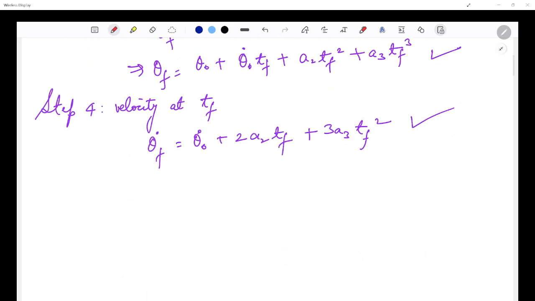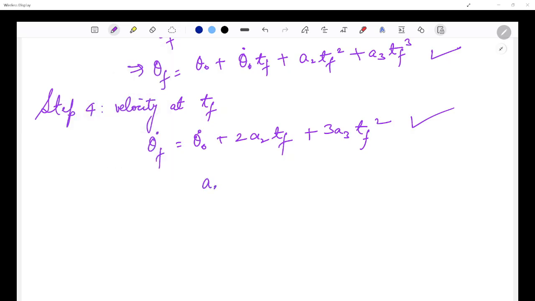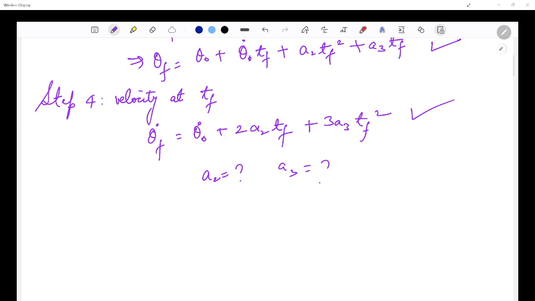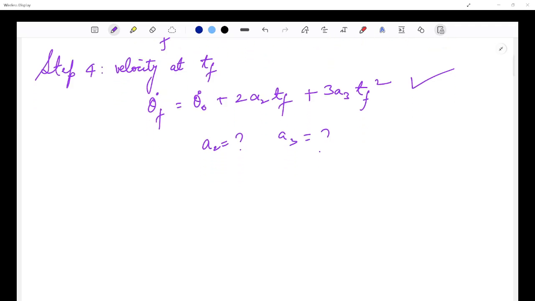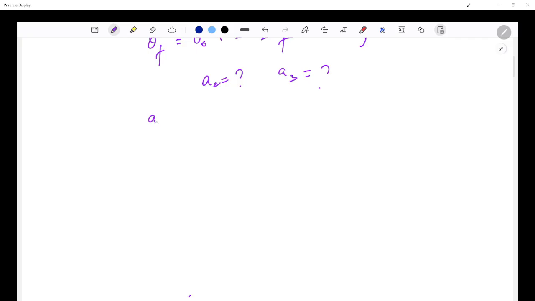So we just have to find out what is a2 from here, and what is a3 from here. I'm not going to calculate it in the interest of time, but I'm writing the expressions in case you are willing to do it. Please do it and check.